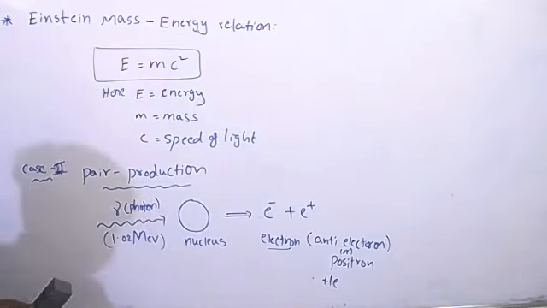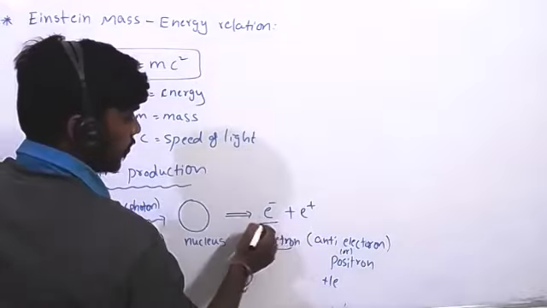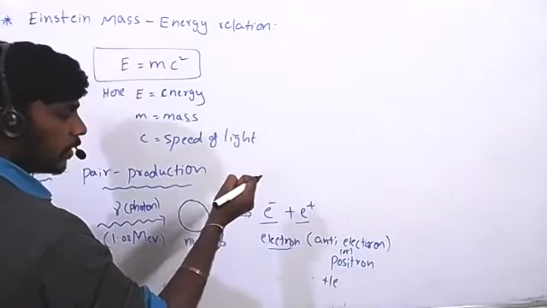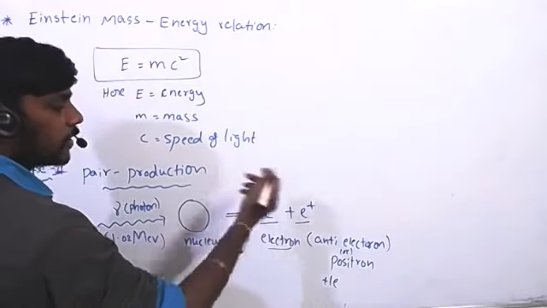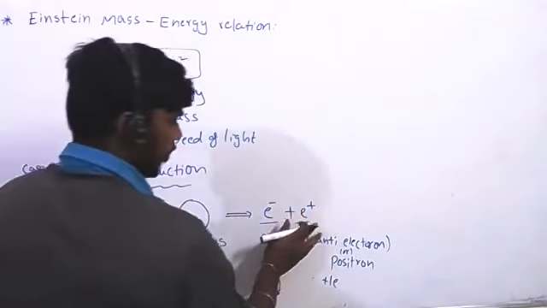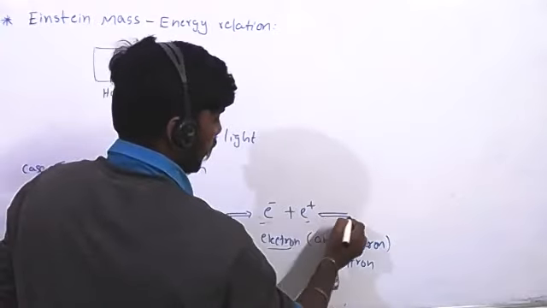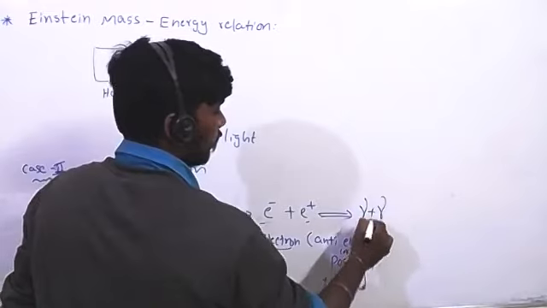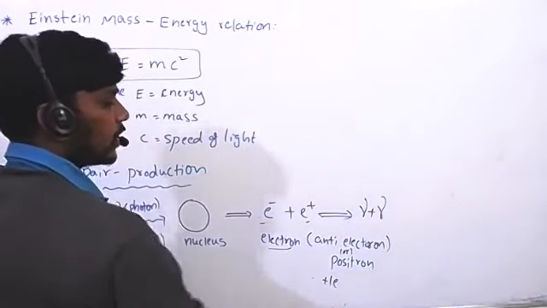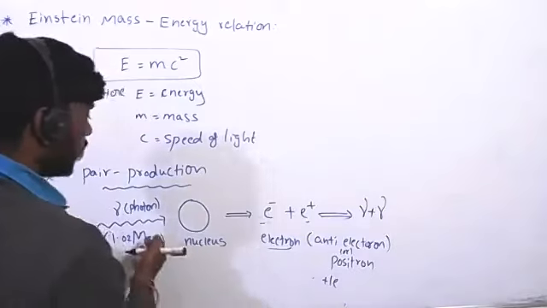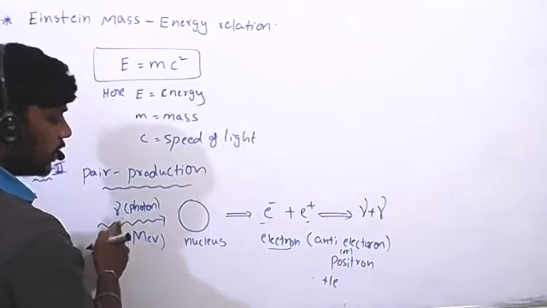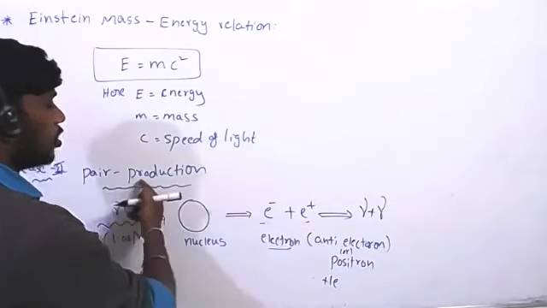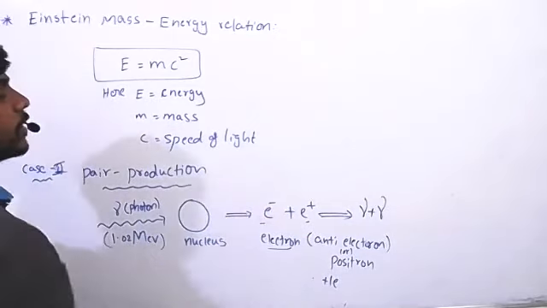In that process, if one is an electron and one is a positron, and both come together and combine, they destroy each other and energy is released. This process is annihilation. And when energy interacts with the nucleus, one electron and one positron form. This is called pair production, meaning mass forms here.